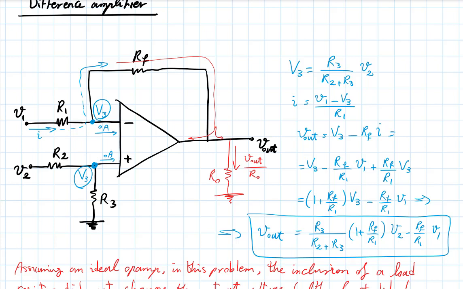Is this a good circuit? Whatever two points I have, can I just connect them to V1 and V2 and use the circuit to get the difference with some amplification factor? Or is there something to be concerned about? There is something to be concerned about. It might be hard to tell from the circuit itself.